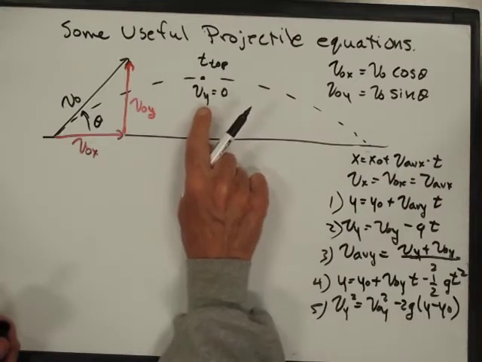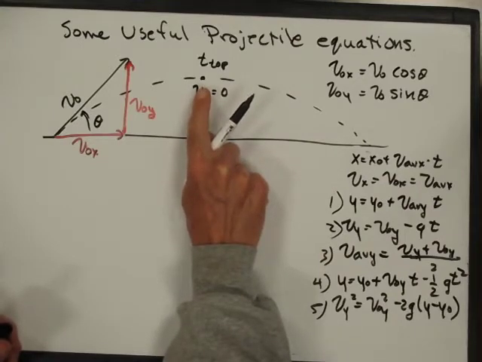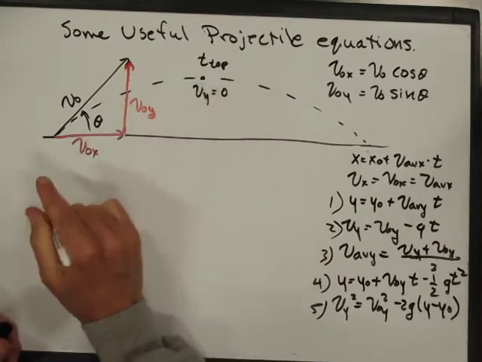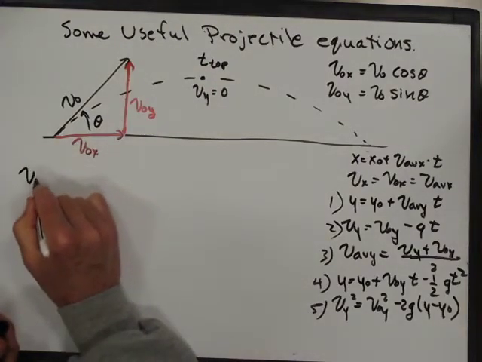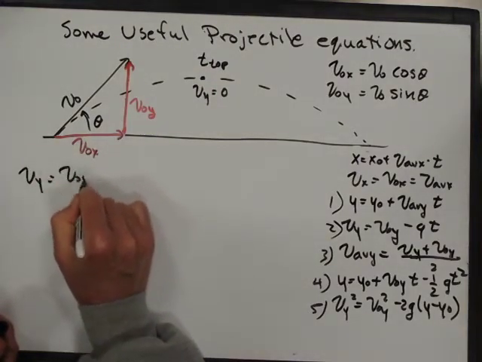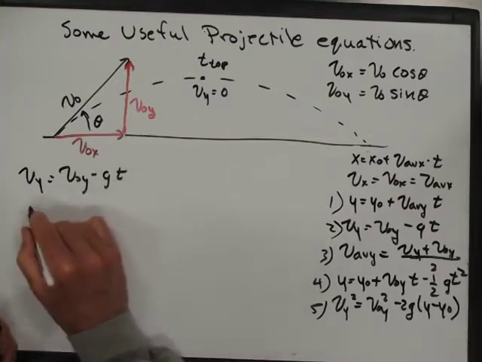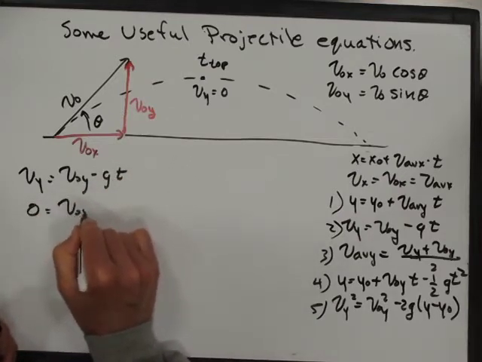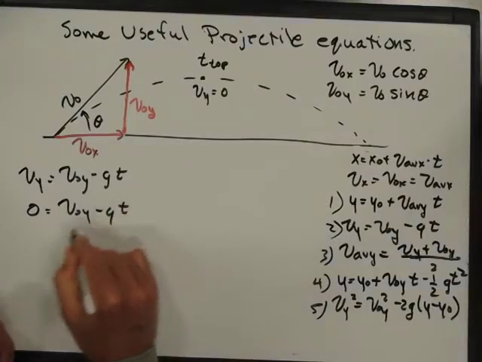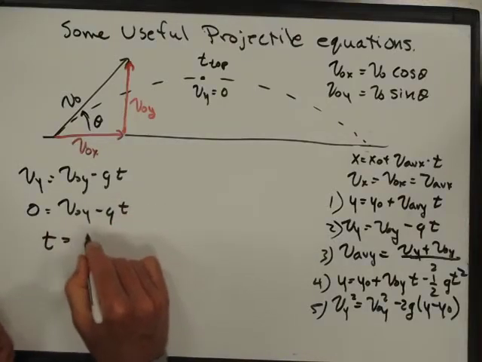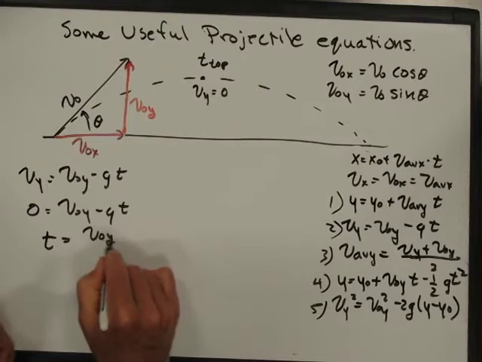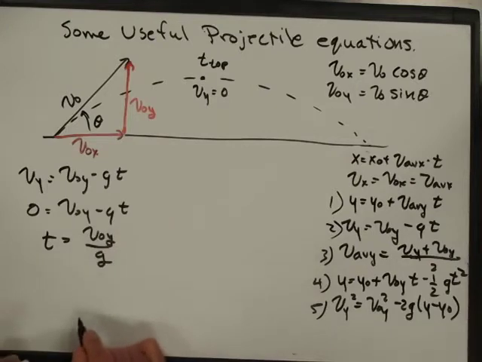That is to say, the y velocity at the top is 0 because it's not going up or down anymore. And so we can say, look, vy equals v naught y minus g times t means that 0 is equal to v naught y minus g times t, or t is equal to v naught y over g.